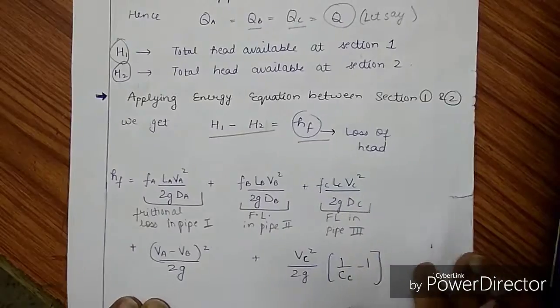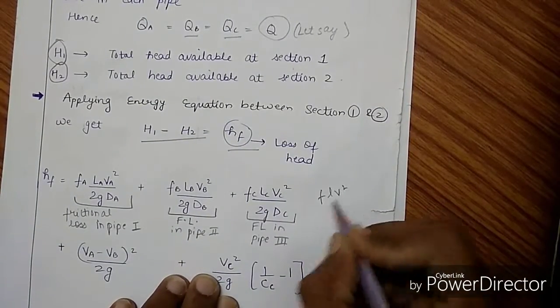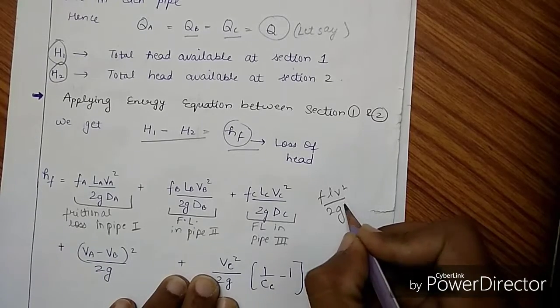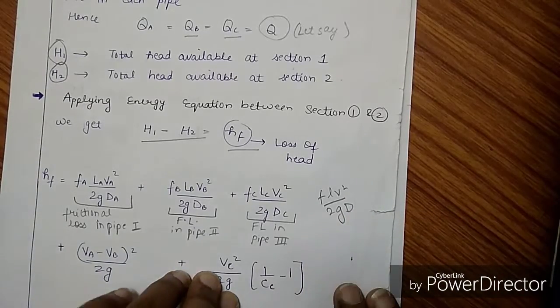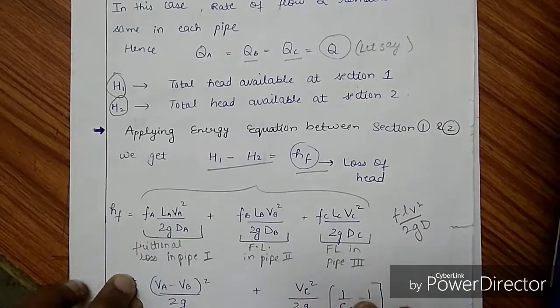We know that the formula for frictional loss through a pipe is f L V square by 2 d g. So these were the major losses which were incurred during the flow.